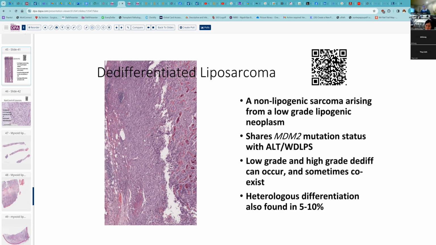And so when you see a retroperitoneal tumor that looks like a high-grade undifferentiated sarcoma, then we would also be thinking about a dedifferentiated liposarcoma. And the MDM2 status would be very helpful in confirming that.